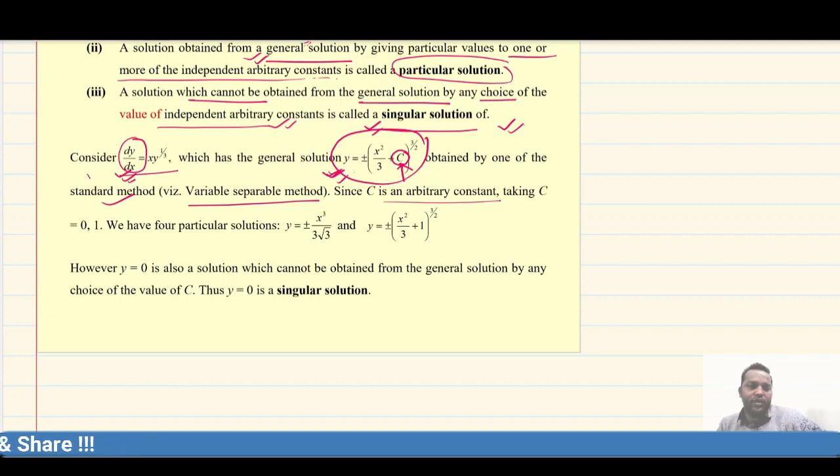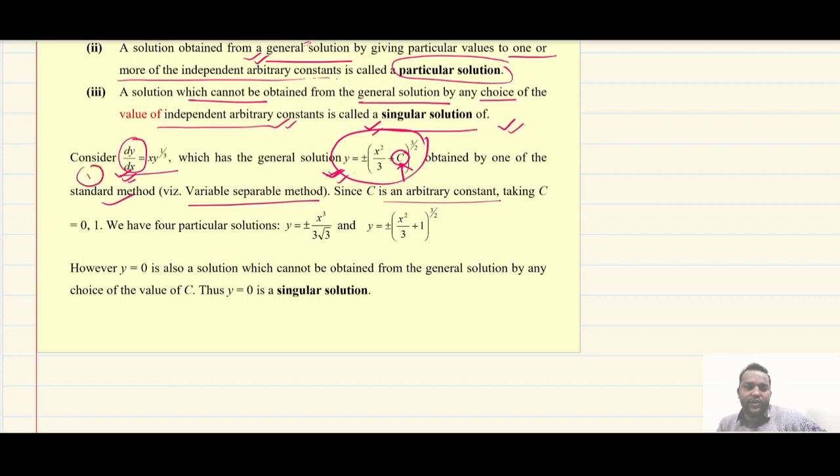The order of this differential equation is 1 and its solution involves one parameter. Therefore, this solution is a general solution. General solution means a solution in which exactly as many parameters are there as the order of the given differential equation.